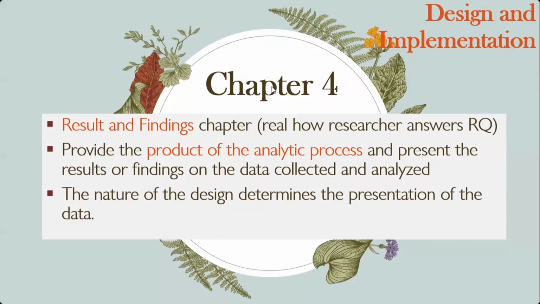Provide the product of the analytic process and present the results of the findings on the data collected and analyzed. The nature of the design determines the presentation. If you design a questionnaire, what is your data? If you design a framework, if you design an ontology, if you enhance an algorithm, it's different.